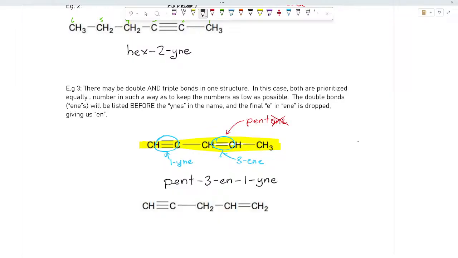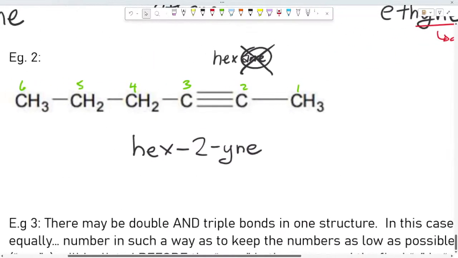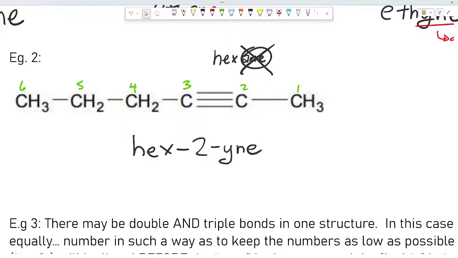Okay. Yes? On which example? This one here? That's a good question. Why did I count from the right instead of the left? Because that's the highest number where something's happening. If I counted the other way, what would the name of this be? Hex 4 ein.